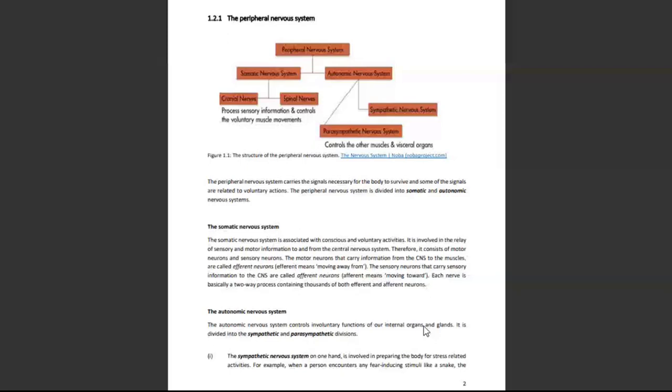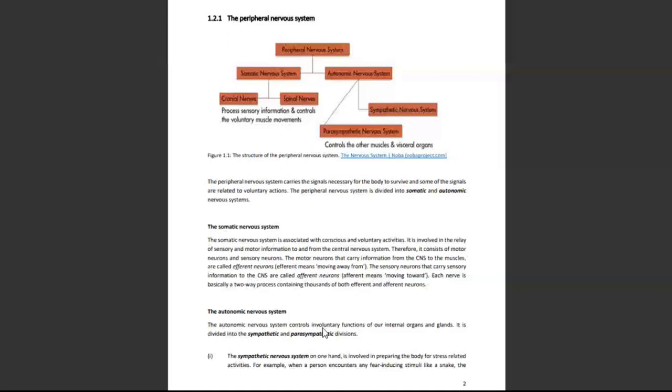Whereas autonomic nervous system, they say, controls involuntary action. So I did make the difference between the two. Voluntary is something that you do yourself, something that you can control. However, involuntary, you cannot basically control. It uses reflexes. What do they mean?